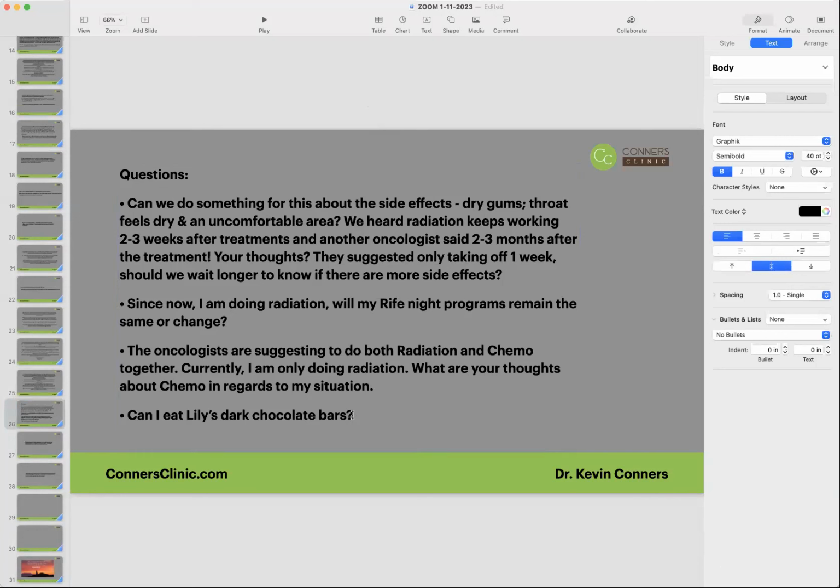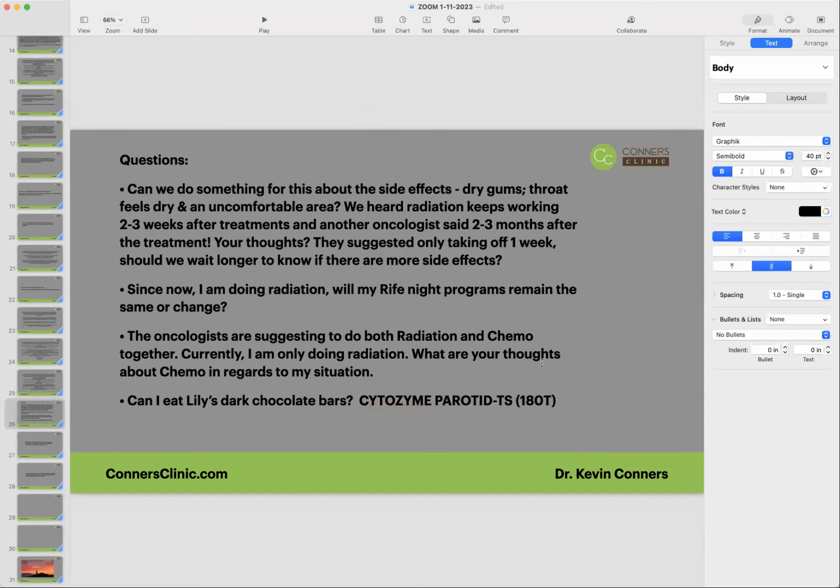I'll put it right down here so you can see it. Cytozyme-Parotid TS comes in 180 capsules, take about 3 a day or so. That is parotid tissue from a bovine parotid tissue that could help rebuild the parotid gland. That's an option. I would try that too.